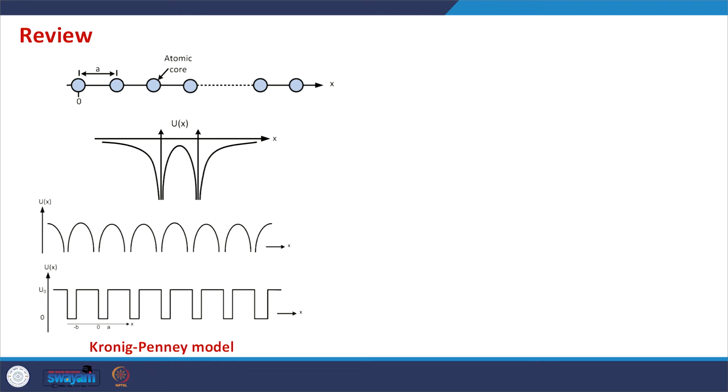It is a long, infinite sequence of potential energy going to minus infinity and then going to an upper value and then again going to negative infinity. But this is not an exactly solvable potential profile in the Schrodinger equation.